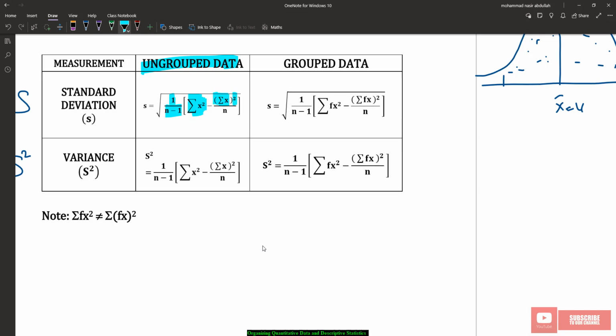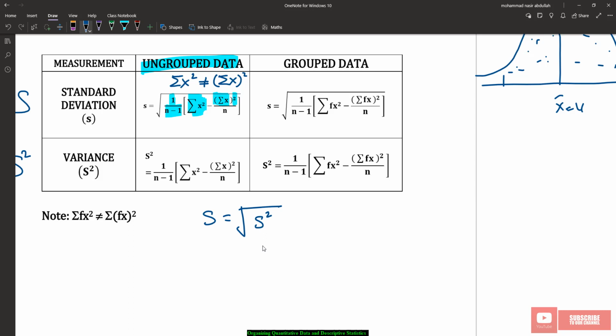Now you need to remember, summation of x squared is not equal to summation of x and then squared, right? It's a different value, and you divide by n, and take the square root for standard deviation, right? It's the same value lah. So you need to know s is equal to the square root of s squared. So you pandai dapat s lah.